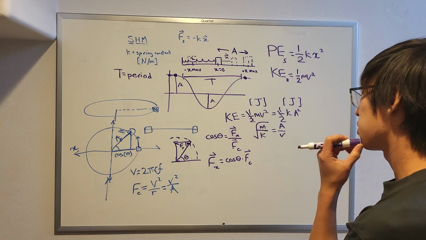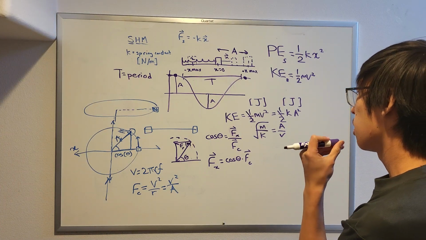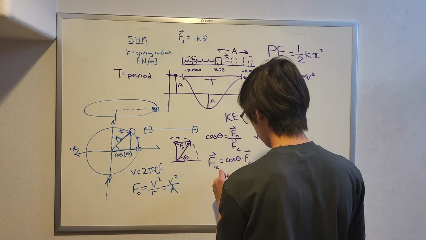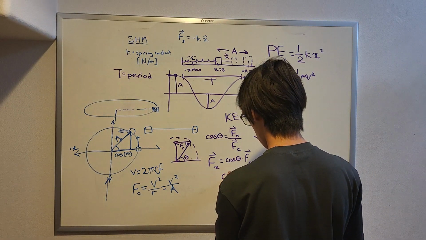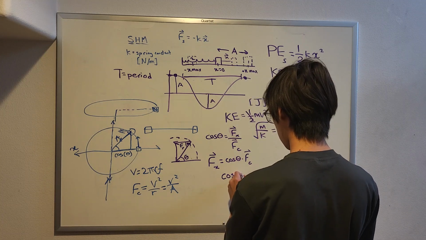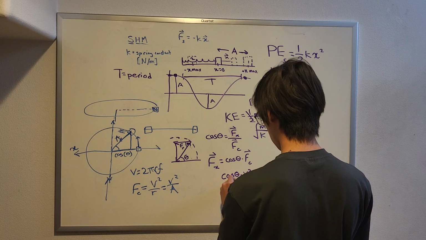We want to make sure there's no other random variables in there. So, as we said, f centripetal is v squared over a. So we have times v squared over a.